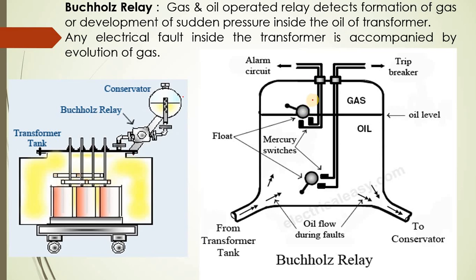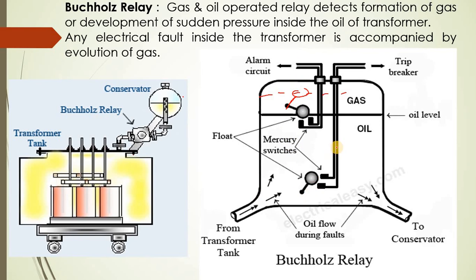The alarm circuit is near the top surface. Suppose the top surface oil level is here. Now this will get down as the oil level decreases, and when the oil level decreases, that will give the indication of the alarm circuit.